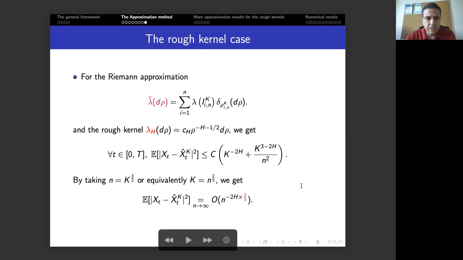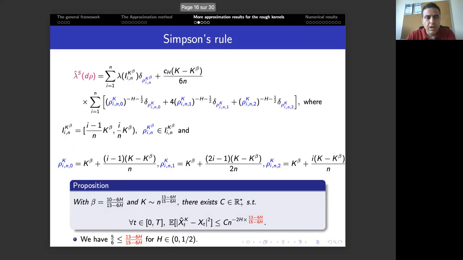As a first guess, this was the first intuitive thing we thought about: what if we replace the Riemann approximation with the Simpson rule? In this case, we did it in this way. Instead of truncating between 0 and k, we consider two different intervals.